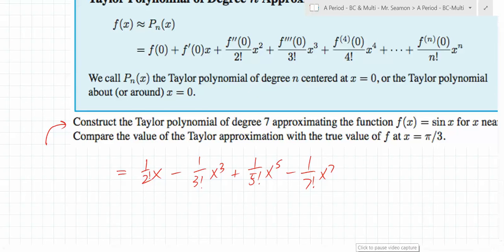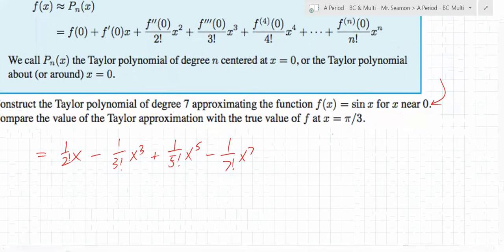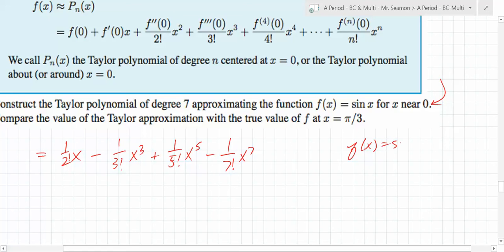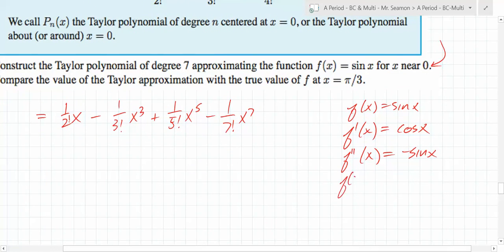Before I say anything else, look, first of all, the function we're dealing with is what? f of x is sine of x. Okay, what's f prime? Cosine x. f double prime? Negative sine x. f triple prime?